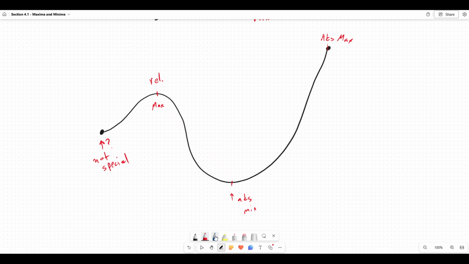But it turns out there's something really interesting going on when you take a look at the derivative. So let's ask ourselves, what is the derivative sign for each of these values? So notice, as we go from this point to this point, you hopefully agree that the black graph is increasing, which means the derivative is going to be positive.